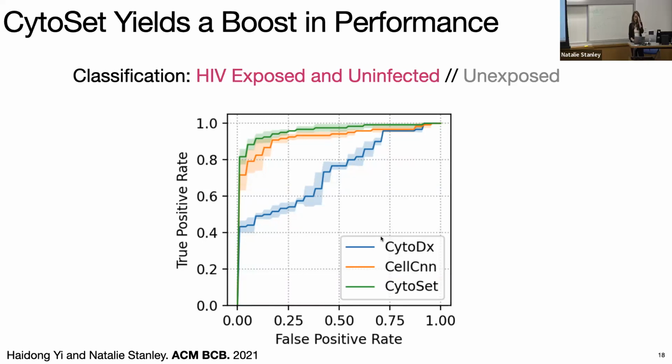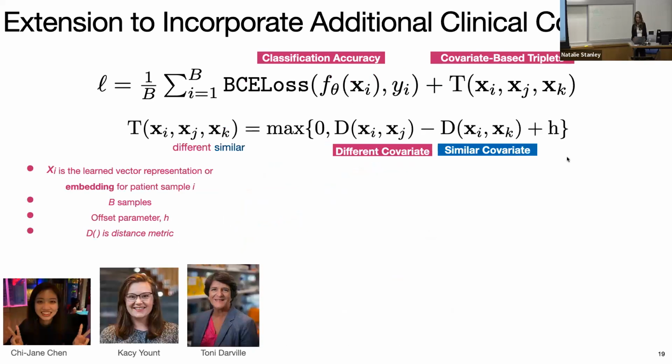And we tried this in our paper on a bunch of other data sets, but I'm just showing you one illustrative example here. Okay, but then we wanted to keep going a little bit and make this a little bit more nuanced. And so the original CyTOF formulation basically set up the optimization problem when it learned representations for each cell by minimizing a binary cross entropy loss.